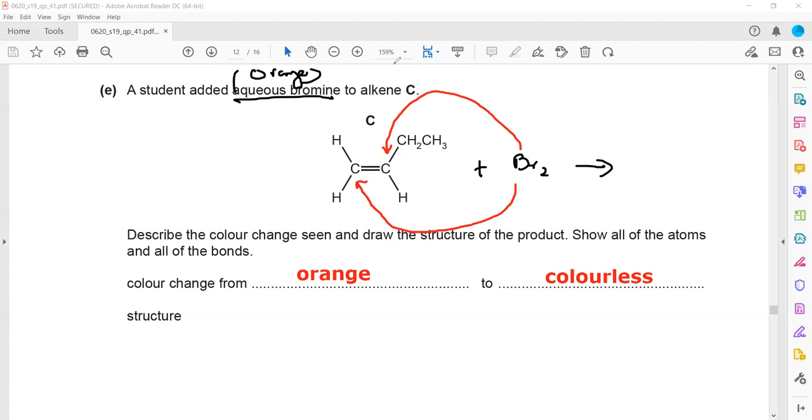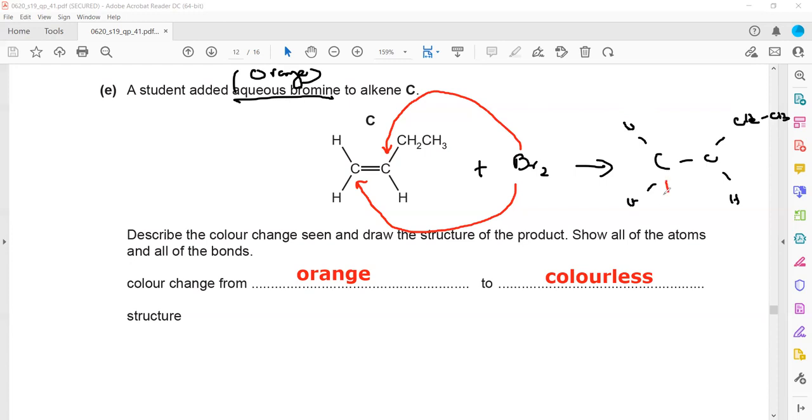So what will be the product here? We draw a similar structure, but without the double bond, because due to the reaction the double bond will break. And two bromine atoms are there, each added to a carbon which had the double bond.